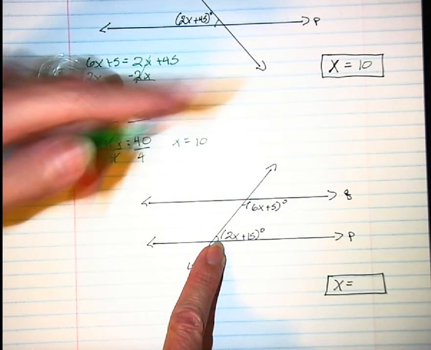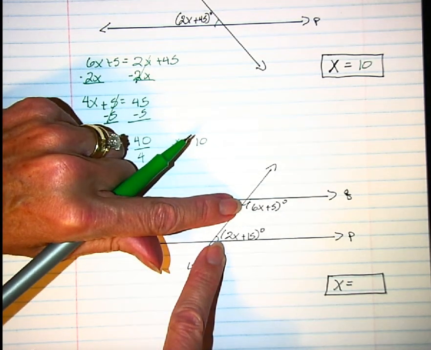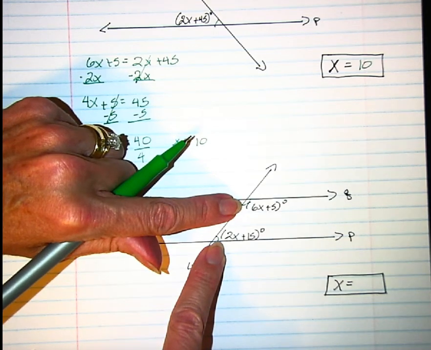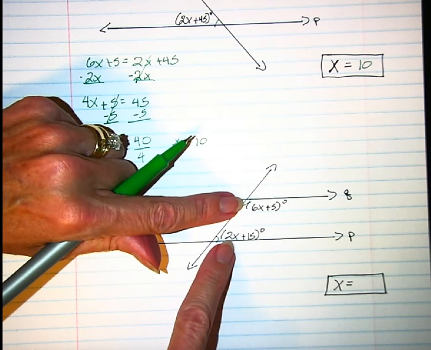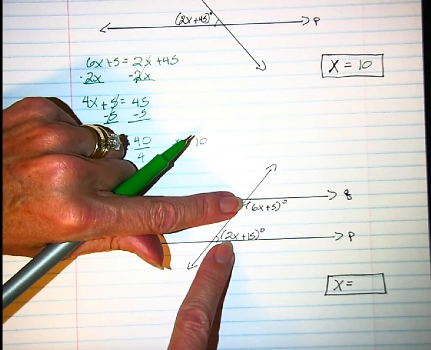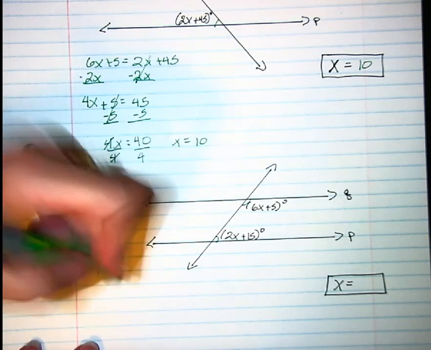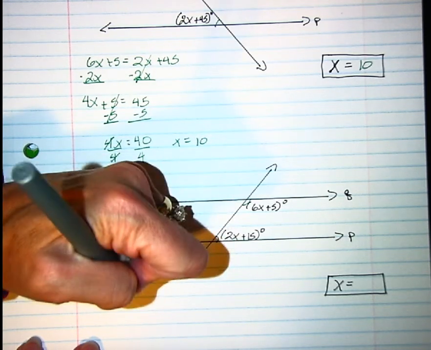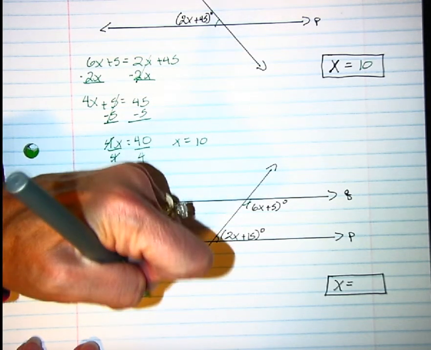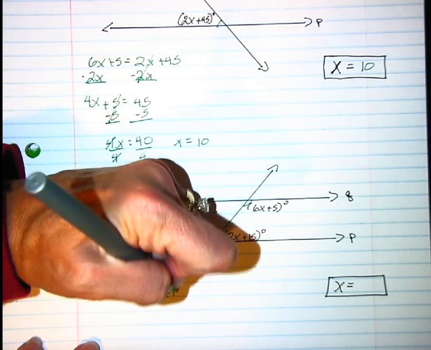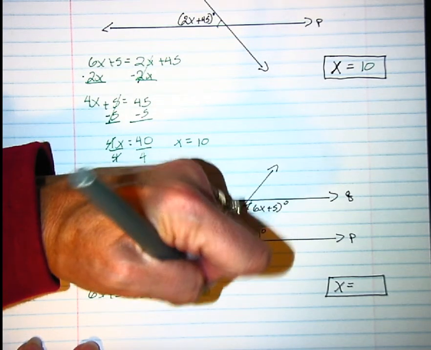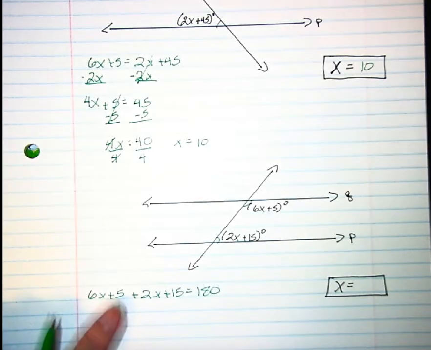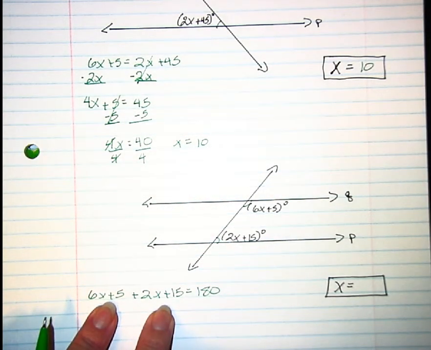All right, so if I remember same side interior angles, they are supplementary. So these two have to equal 180. So if I want to solve for x, I'm going to set up 6x plus 5 plus 2x plus 15 equals 180. So the one angle plus the other angle equals 180.